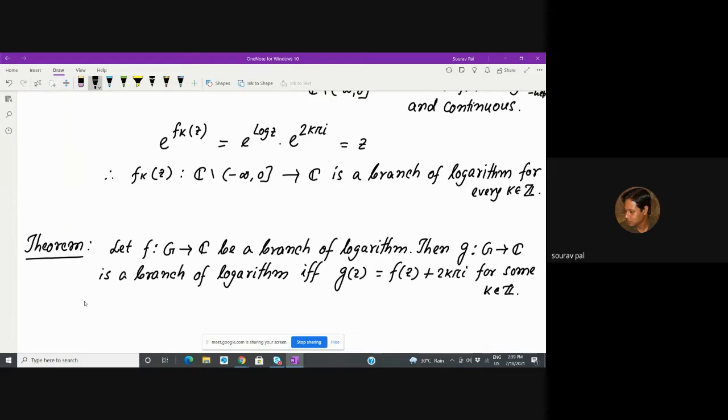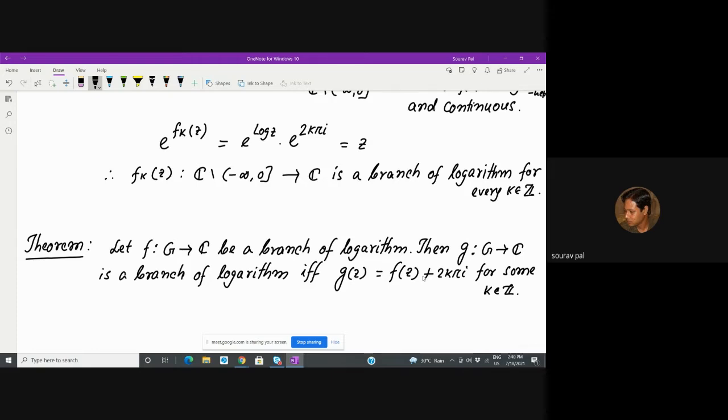So you just look at the statement of this theorem. If we have one branch of logarithm f defined on a region G, then what are all the branches of logarithm? They are nothing but that branch of logarithm plus 2k pi i. So in this way, we obtain all possible branches of logarithm in a region. If you have one branch of logarithm, you have all branches of logarithm in that region.